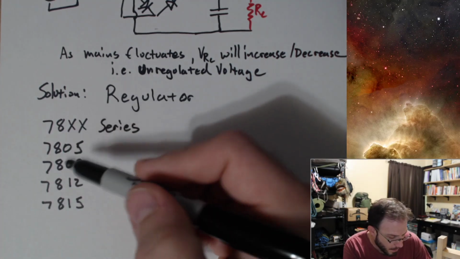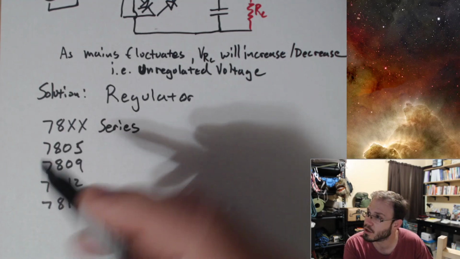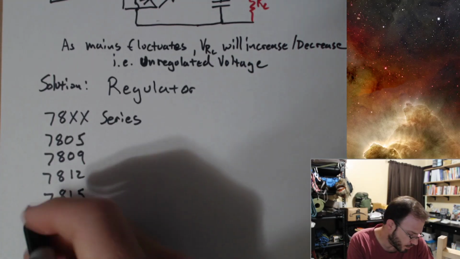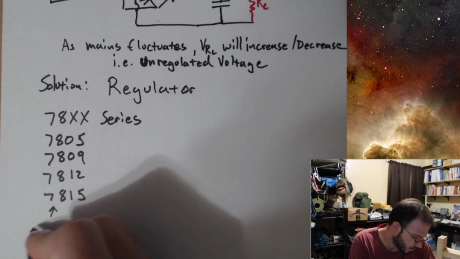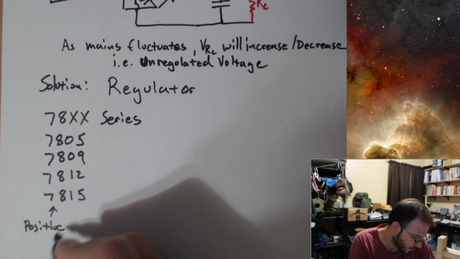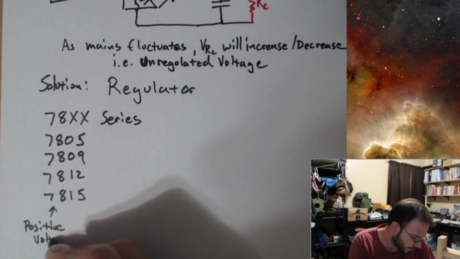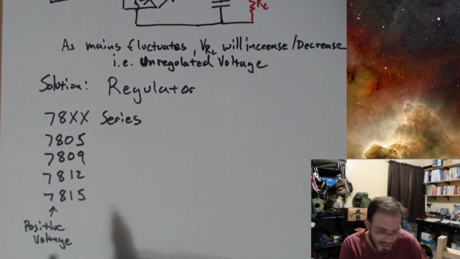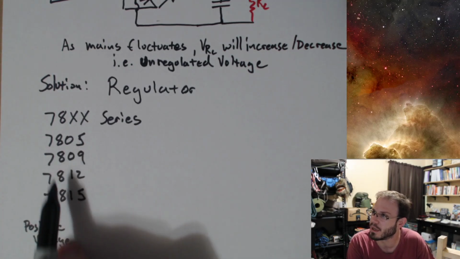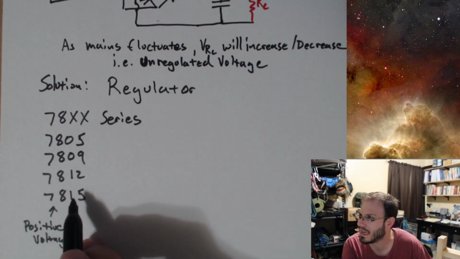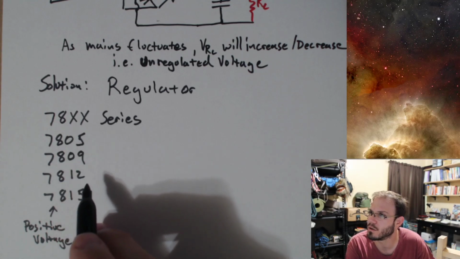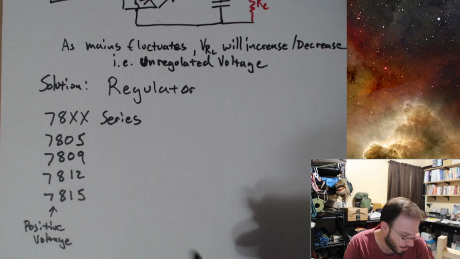Now, the first portion, these first two digits, refer to the fact that these are designed for positive voltage, and the last two digits actually tell us what voltage is going to be regulated on the output.